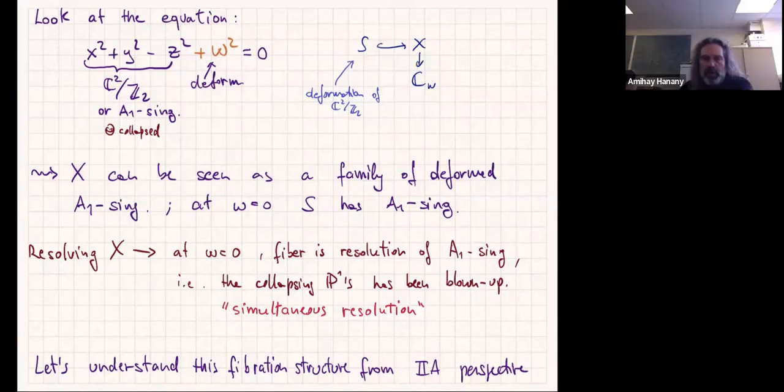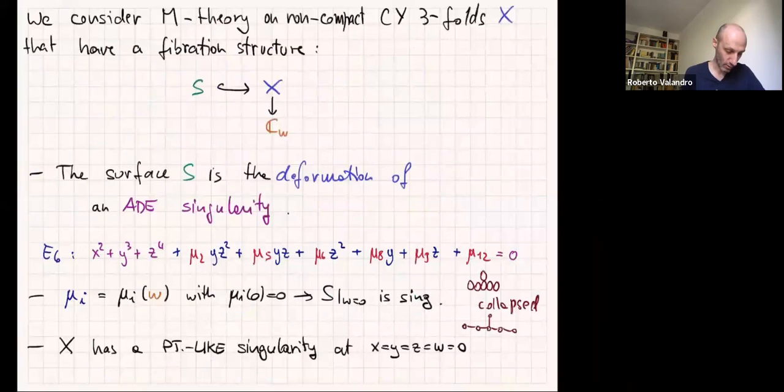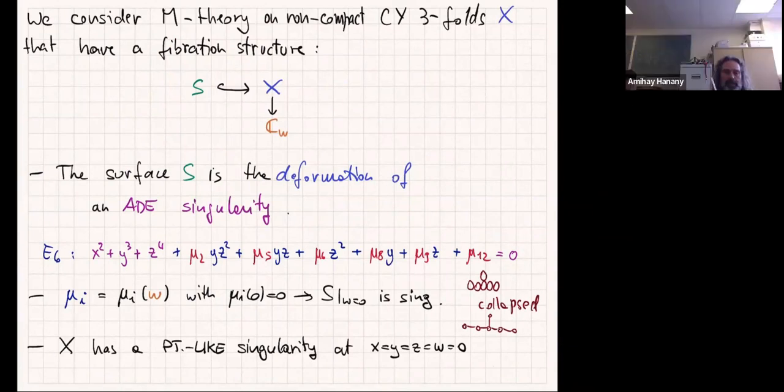And in the case of E6, it was not the case, right? You took a three-dimensional singularity and you deformed it. In the case of E6, if you take all the mu to be functions of W, then again I have a hypersurface in C4.